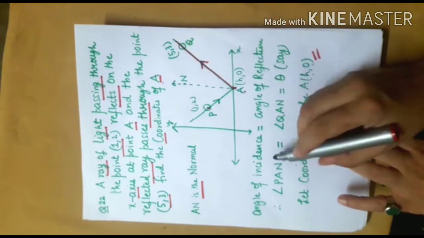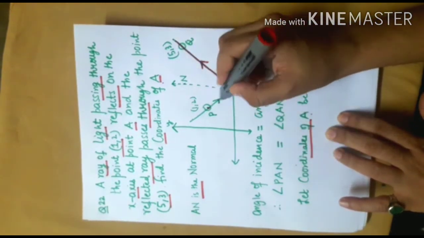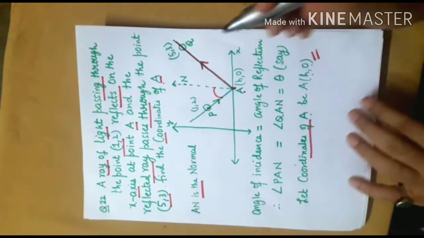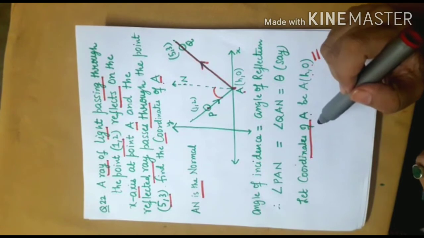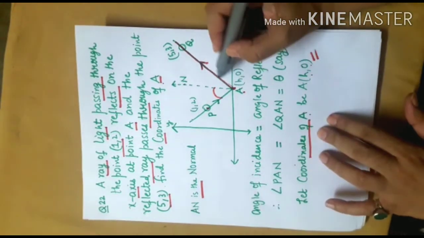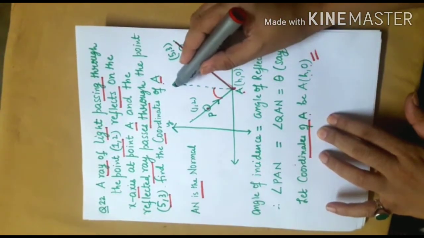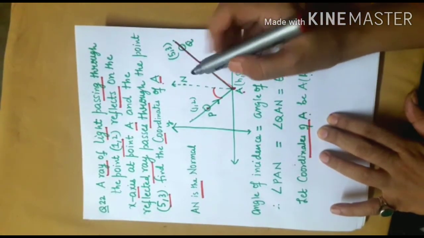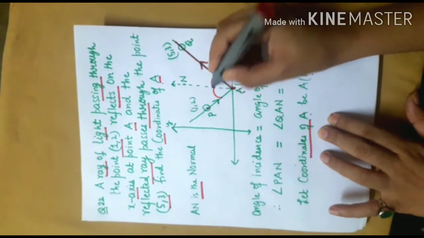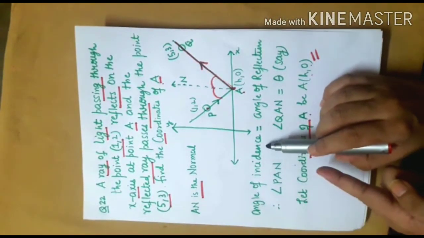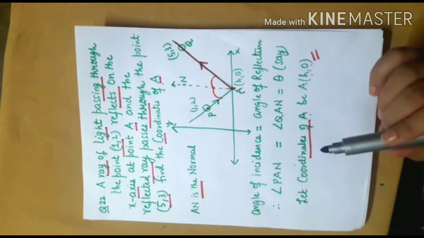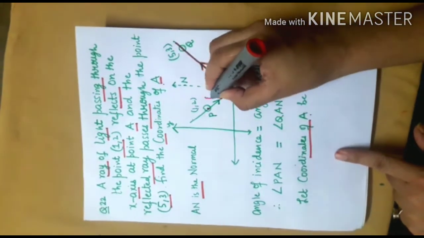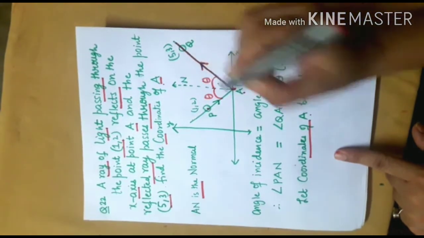So, angle of incidence will be PAN, that is this angle. Angle of reflection is the angle formed between the reflected ray and the normal. So angle of reflection will be QAN, that is this angle. Now because angle of incidence is equal to angle of reflection, these two angles will be equal. So let each of them be equal to theta.